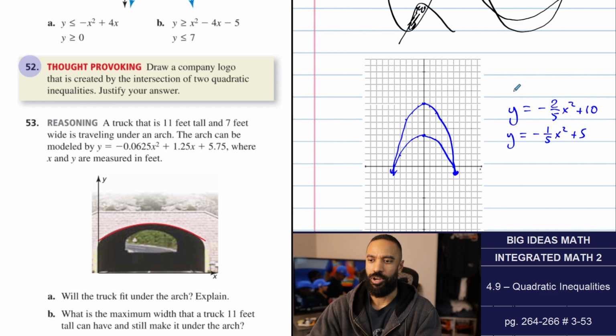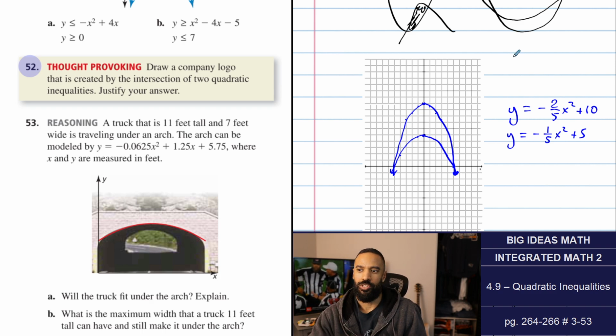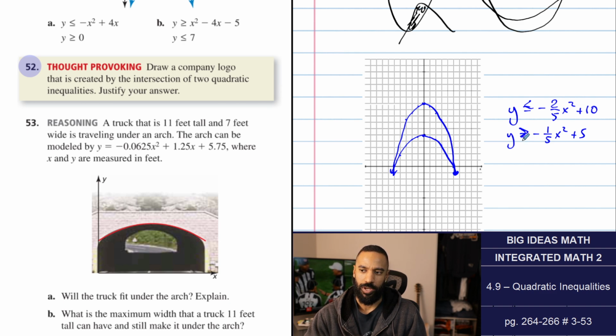This isn't going to be a rainbow car wash. This is going to be a space... I don't know. It's kind of a cool logo. So this is less than or equal to this one, greater than or equal to this one, so that we have this intersection here. I think they said create a logo, like come up with your own.